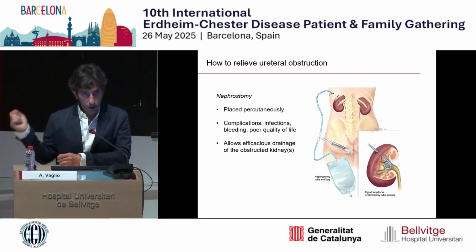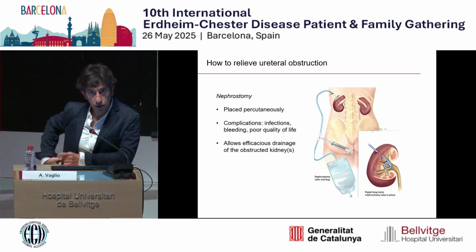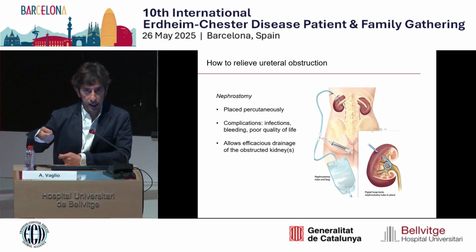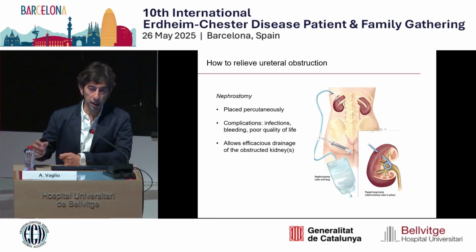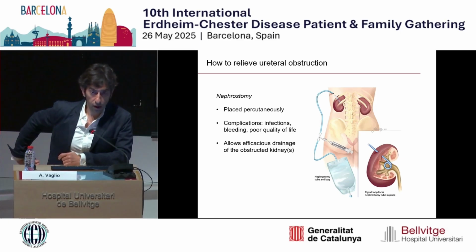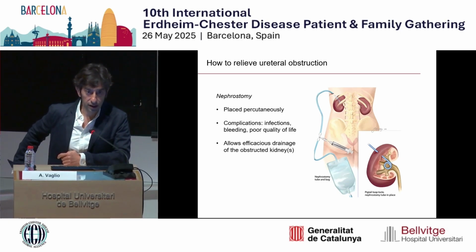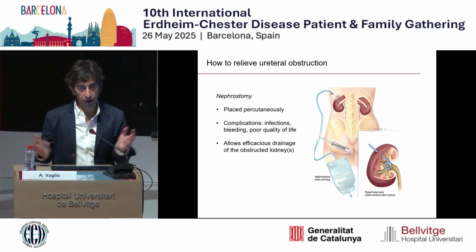Another way to relieve the obstruction is to drain the kidney from the skin. So again, a percutaneous procedure, which is called nephrostomy, and this is really bad for the patient's quality of life. Because you have a tube that goes out, you have a bag to collect urine, your whole life is impaired.